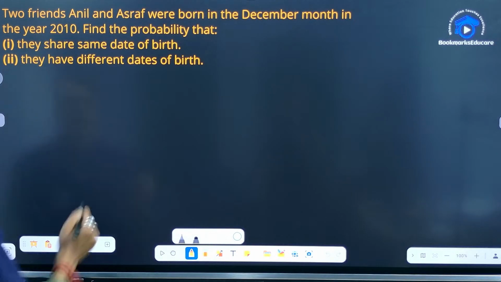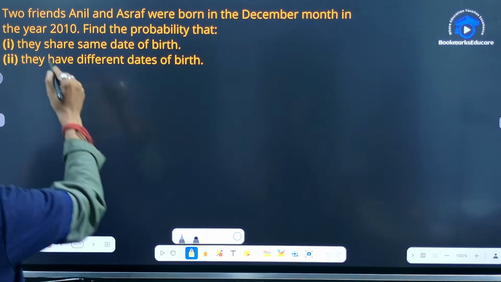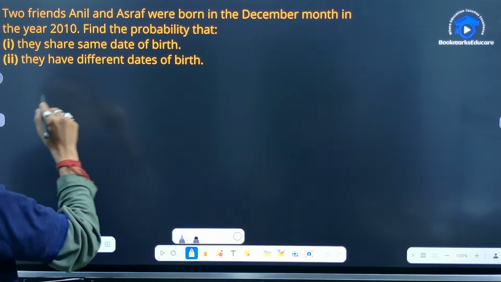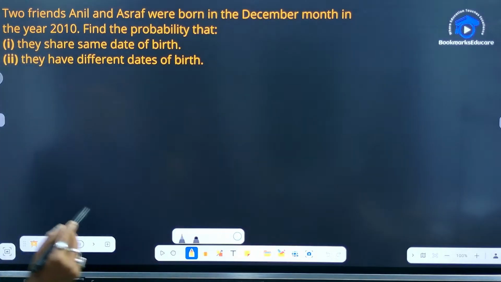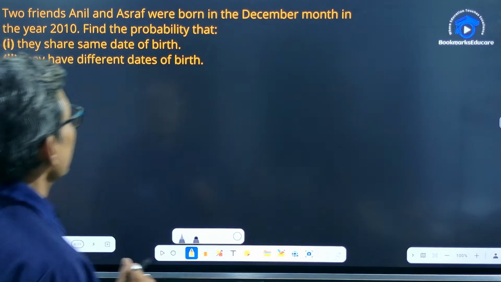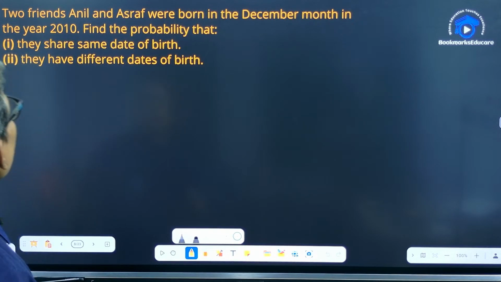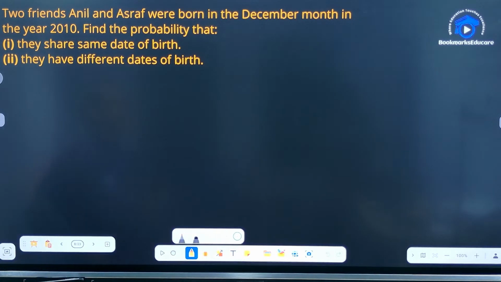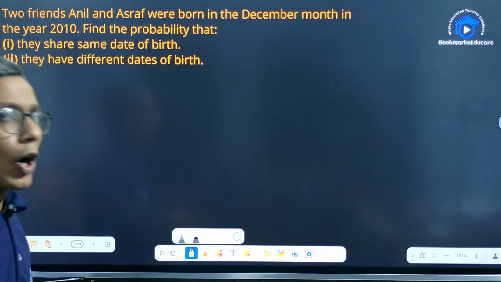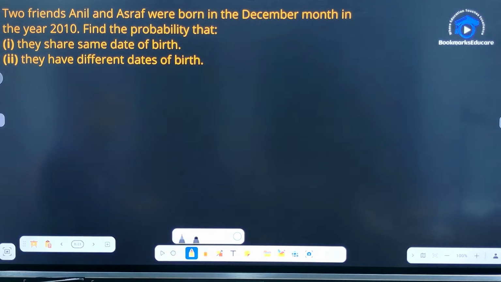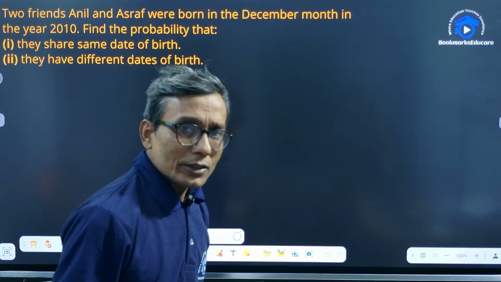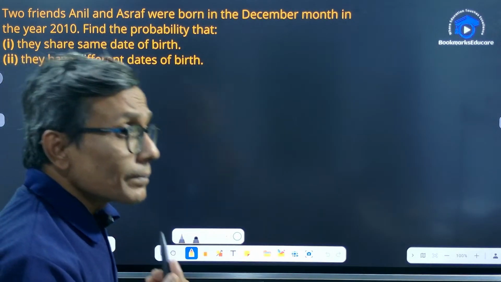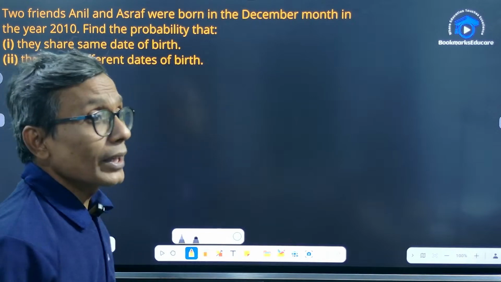So in the year 2010, the month is December, and in the December month there are 31 days. So the two friends Ashraf and Anil could be born on any of the 31 days. Their birth dates are equally likely.